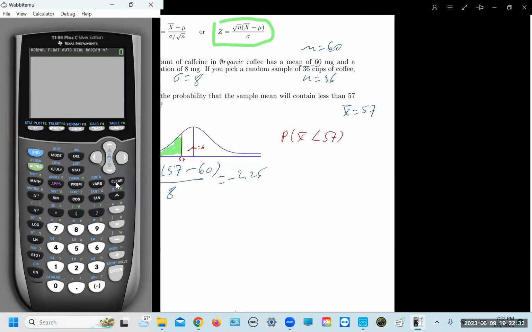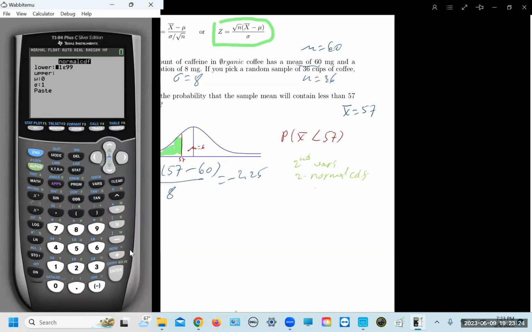So as we do again, second vars, and we do the normal CDF, number 2.